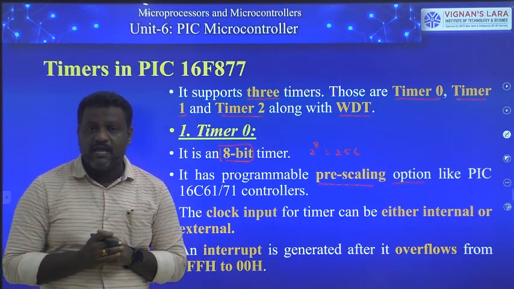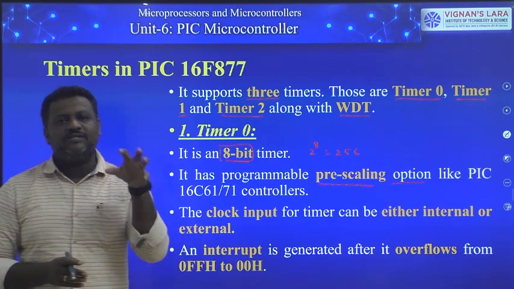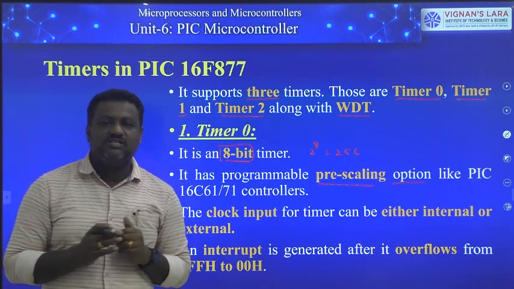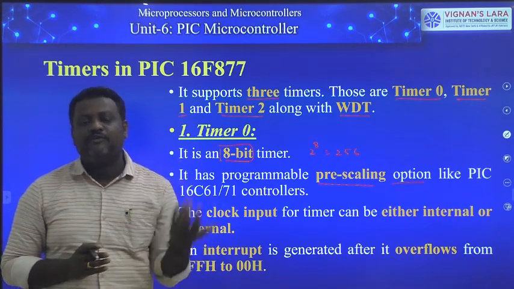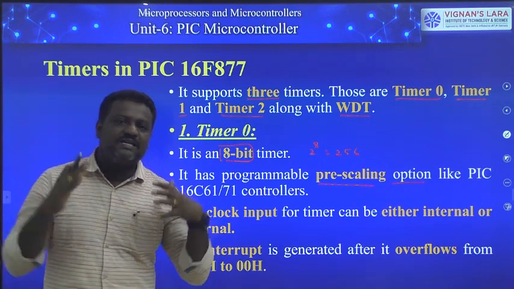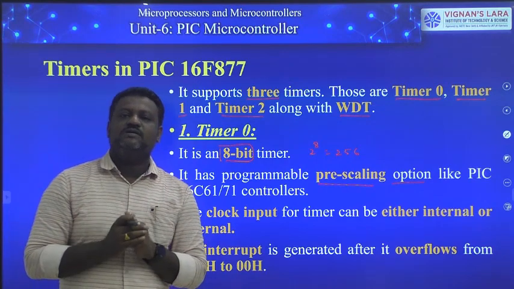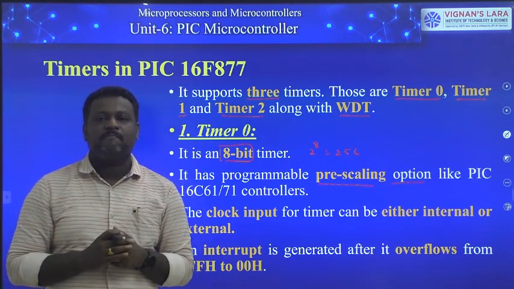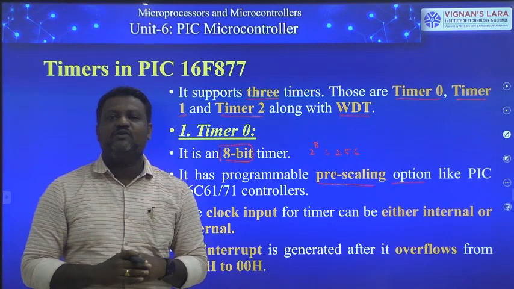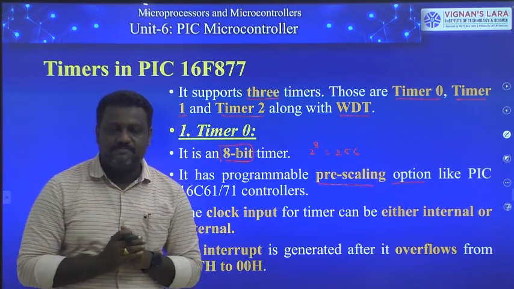That means timer 0 generates an overflow interrupt whenever the count value present in this timer rolls over from maximum to minimum, that is, from FFH to 00H. Why? Because FFH is the maximum value, that means the 8-bit timer has 8 ones.